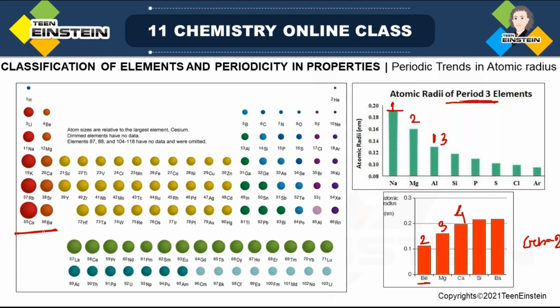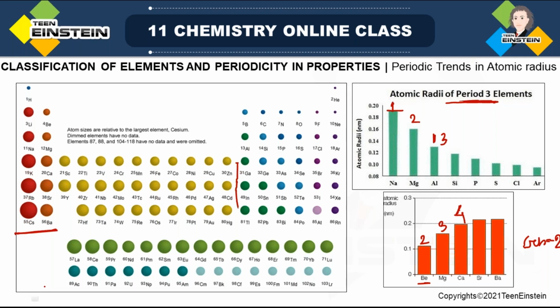You can also consider any group in the P block. Suppose you are moving down from gallium to indium, there is an increase. And when you are moving from left to right, there is a decrease. Fine.